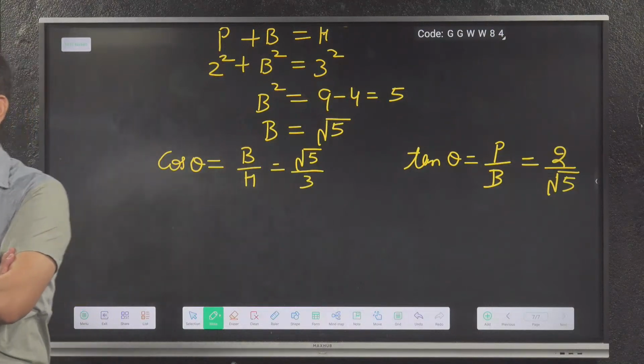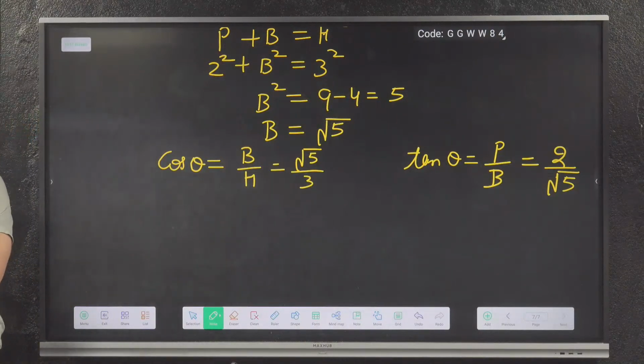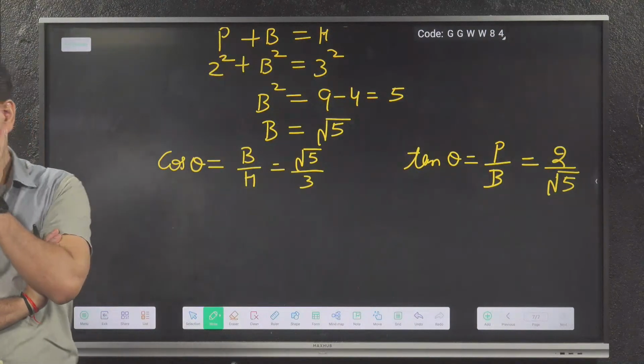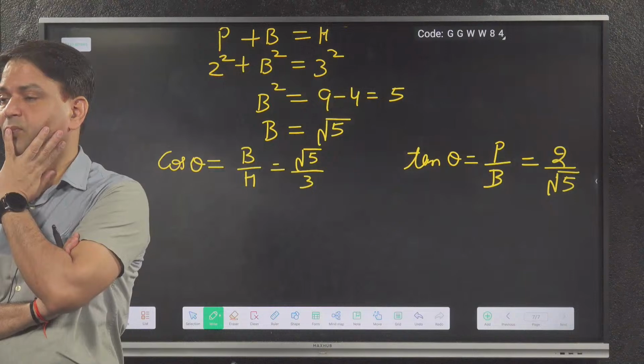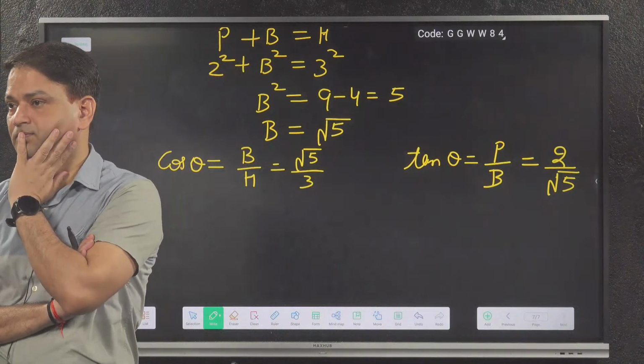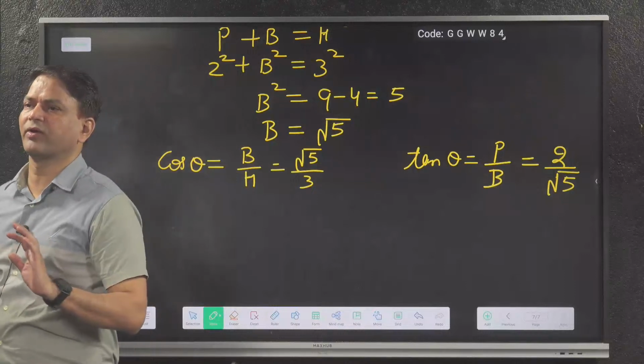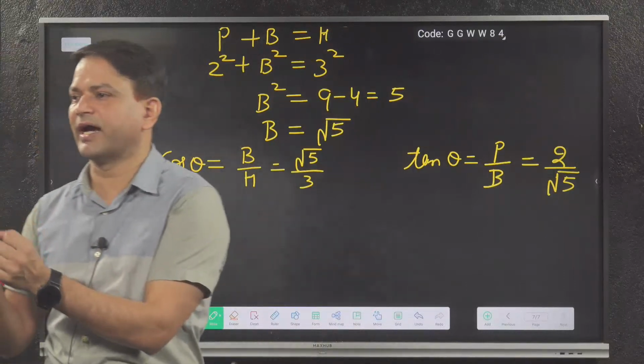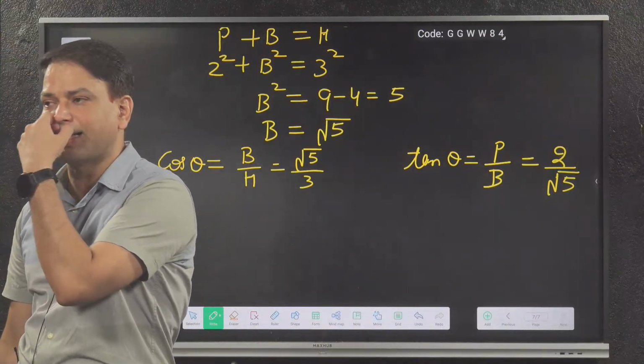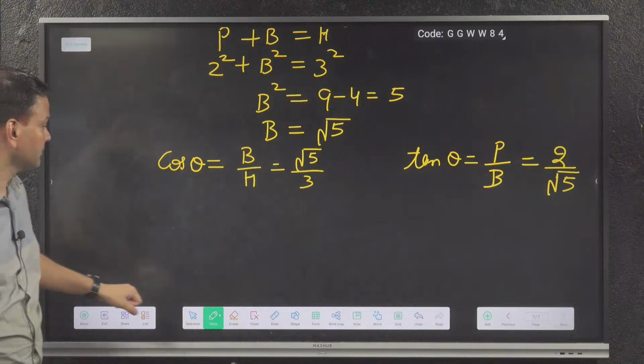Everybody got? Okay. So this is one method to convert sine theta into cos theta and tan theta.